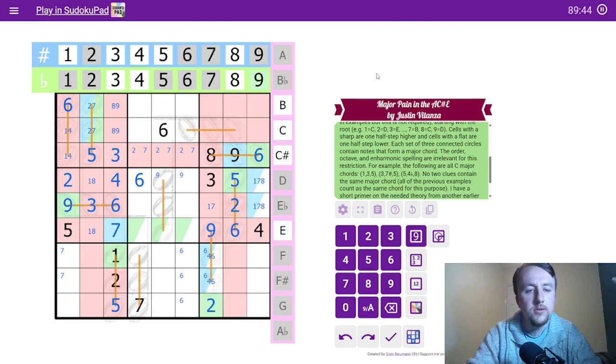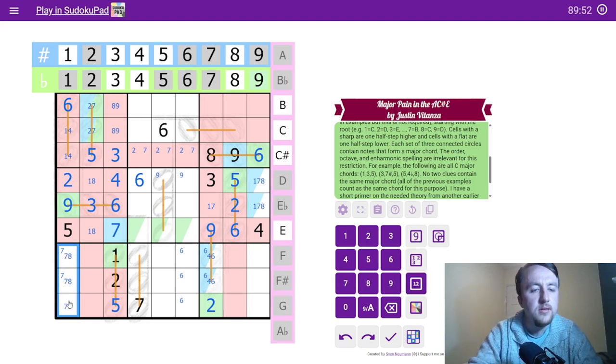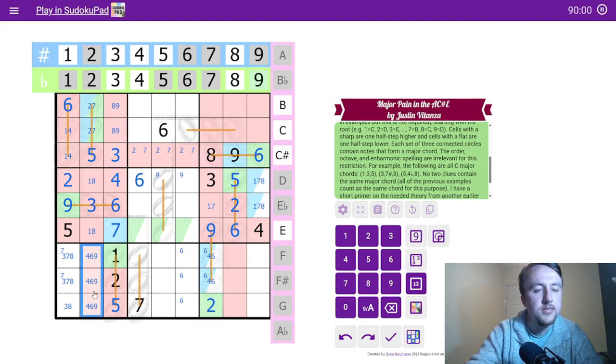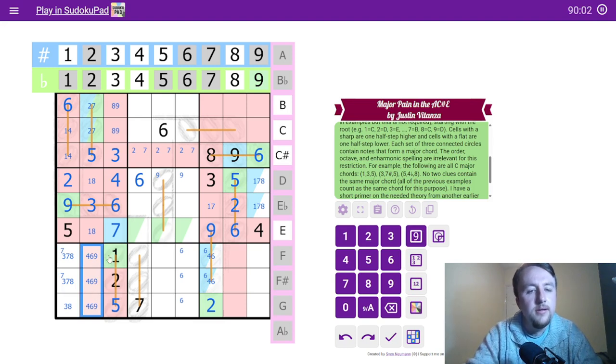That feels like a good question. That said, I've just been distracted by this trio, which we can pencil mark in as 3, 7, 8, but not a 7 in the corner. And this trio can be marked in as 4, 6, 9. That's fine. Okay, right. So back to what I was saying. What was I saying?